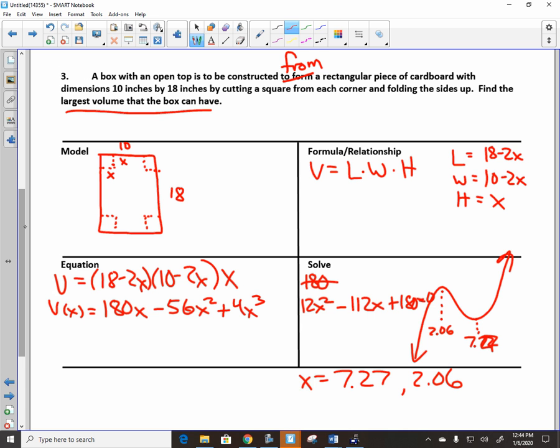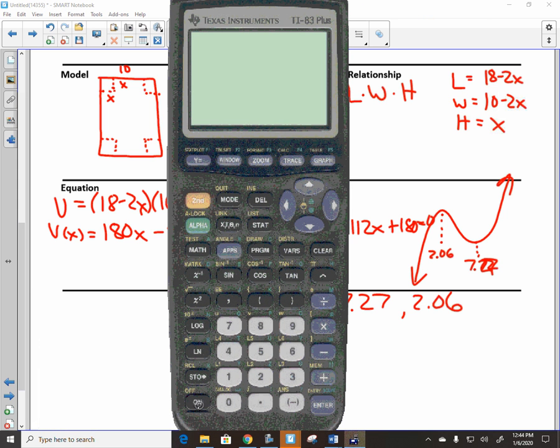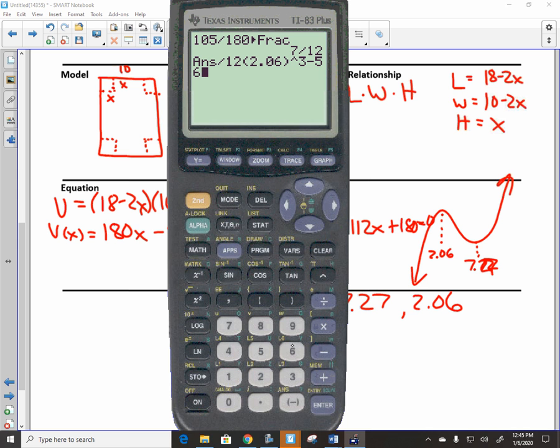Can somebody please, actually, I will do it. I've got my calculator right here. I've got 12 times 2.06, and I cube that. Then what is it, minus 56 times 2.06 squared plus 180 times 2.06.